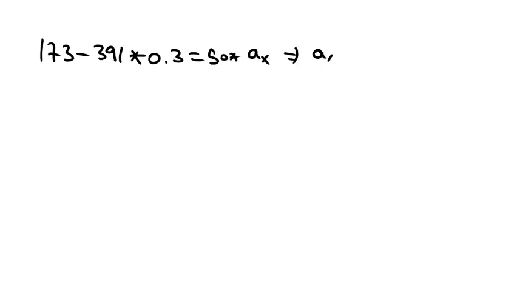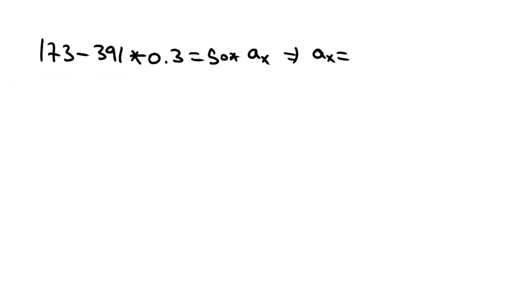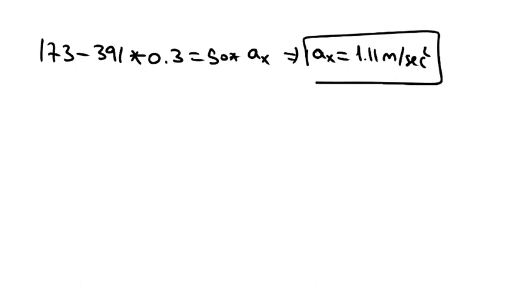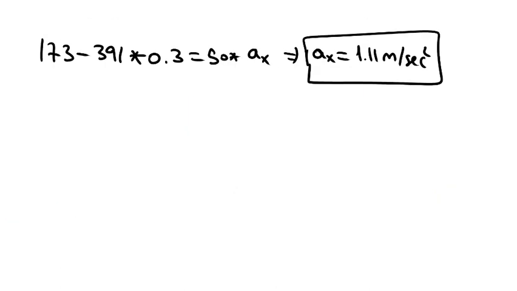From here it follows that ax is (173 minus 301 times 0.3) divided by 50, which is 1.11. Okay, that's the acceleration. The question says, find the distance and velocity when the time is 3 seconds. Let's do that.